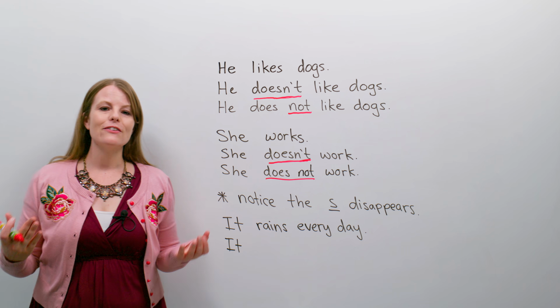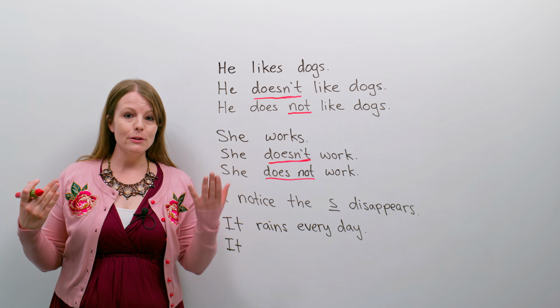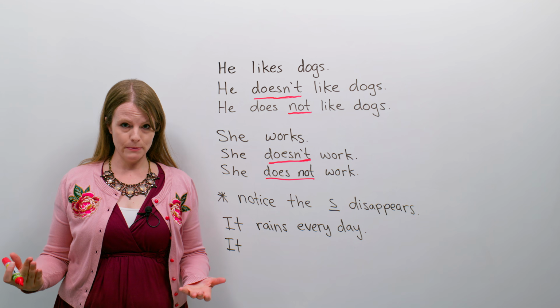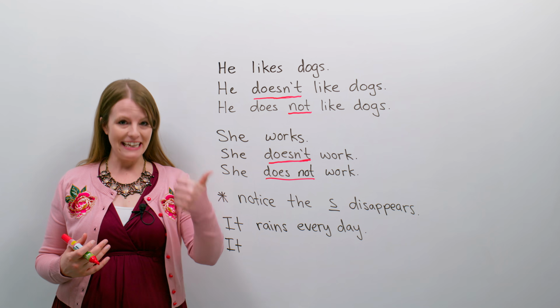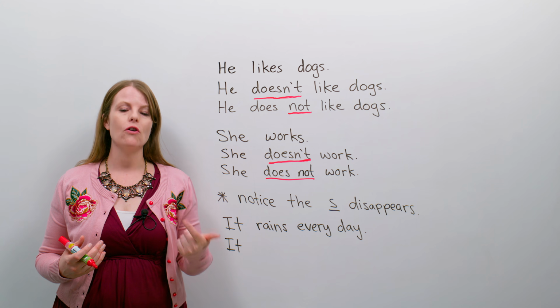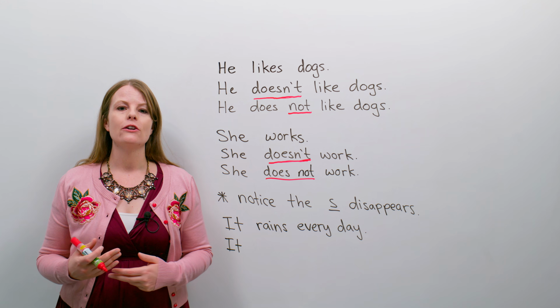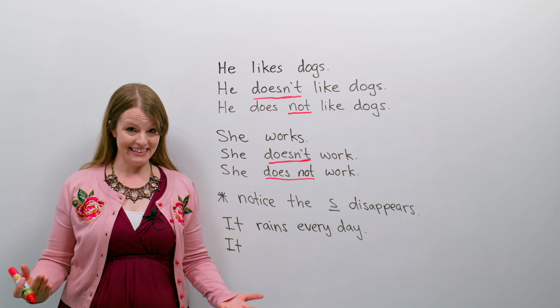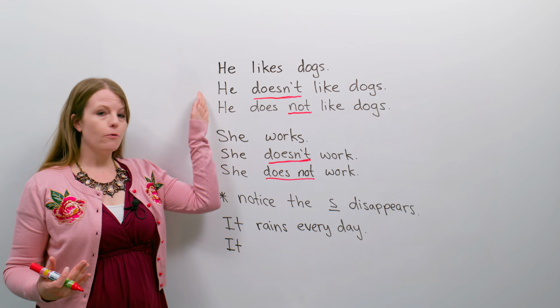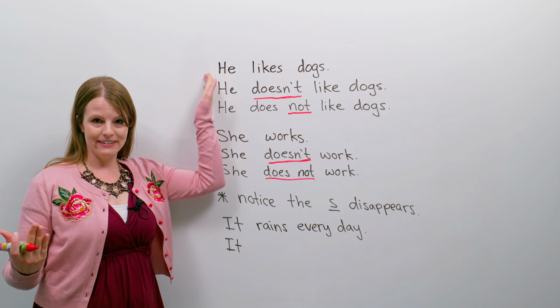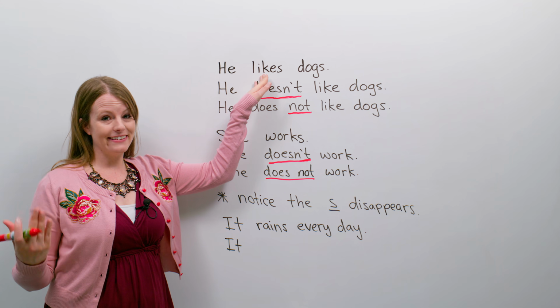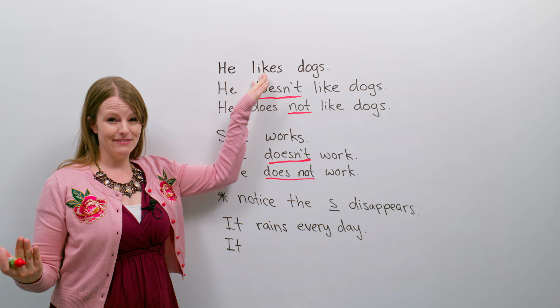Okay. So for simple present verbs, when we are talking about he, she, or it, we use doesn't. For example, he likes dogs. Likes is a simple present tense verb.